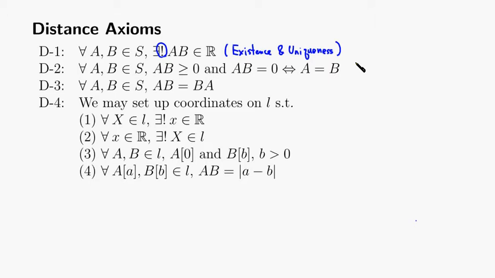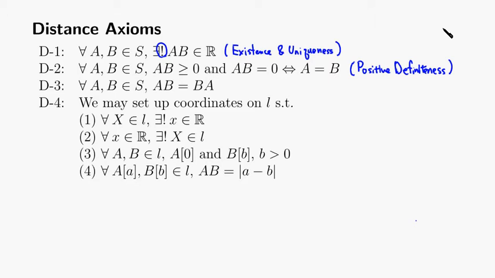Sometimes this is called positive definiteness. So that's D2. It makes sense, right? We don't want distance to be negative, and only when you have a 0 distance do you have 2 points that are identical.